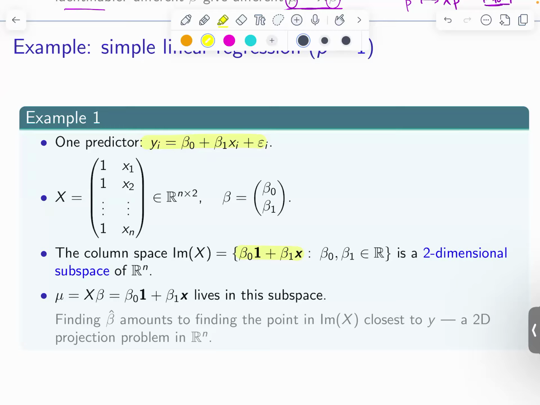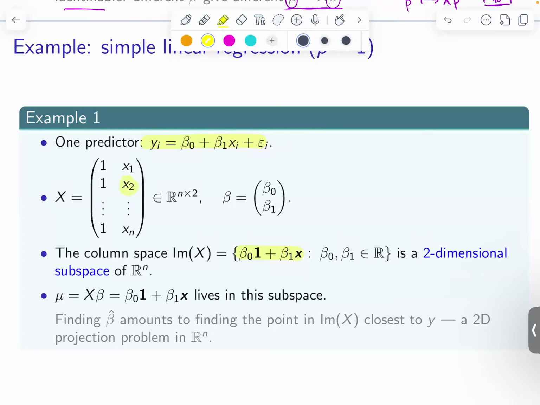So what does the full rank assumption mean in this case? What would have to happen for X to have full rank? What can we say about the second column to make sure that it's full rank? Yes, at least two of the x's are not equal, or just not all the x's are equal.